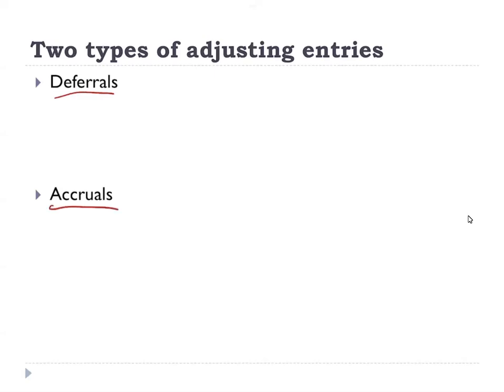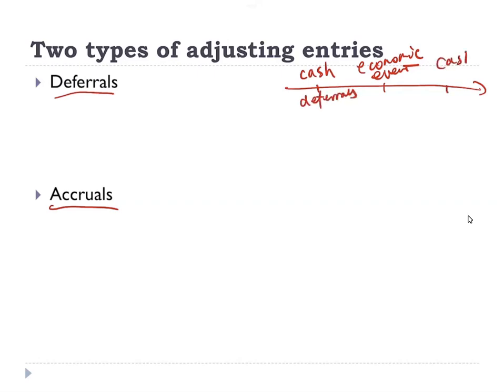The difference between those two types is this: we have an economic event happening here. If the cash flow happens before the economic event, that is called deferrals. And if the cash flow happens after the economic event, that is called accruals.